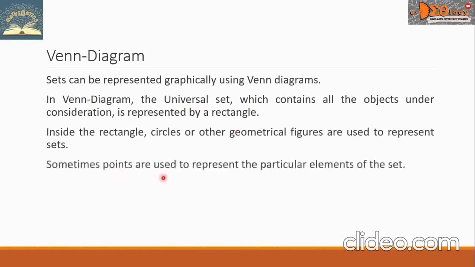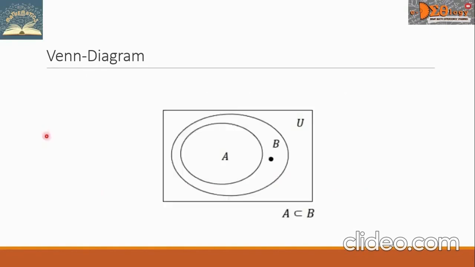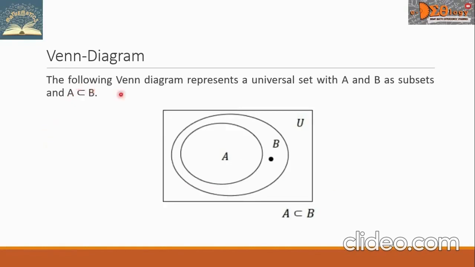Sometimes points are used to represent the particular elements of the set. The following Venn diagram represents a universal set with A and B as subsets, and A is a subset of B.